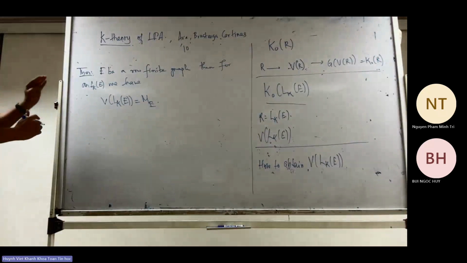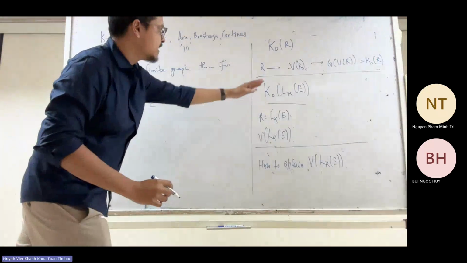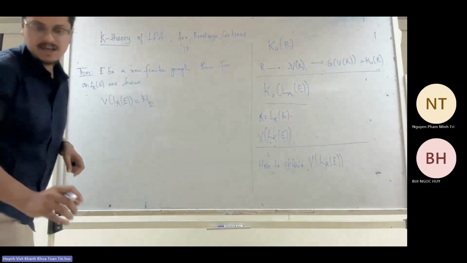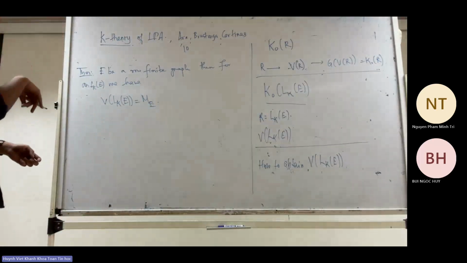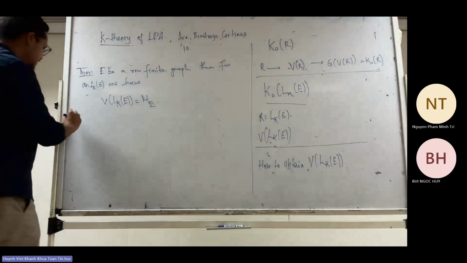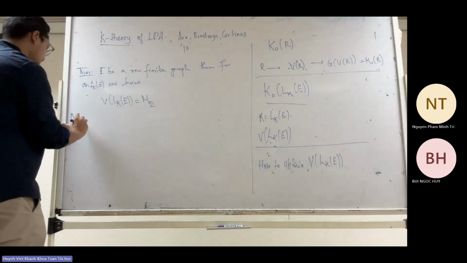Okay, so we started with a ring, then we have to do this, and I have also thrown in another symbol here, which happens to be this M_E. Okay, let's see. So I will give you a definition of this.